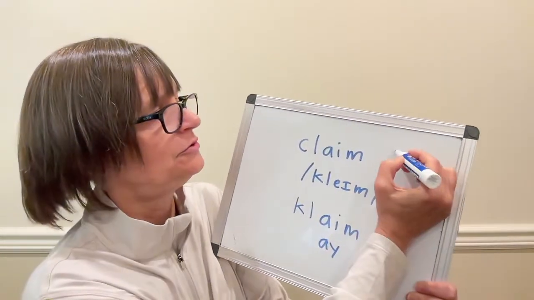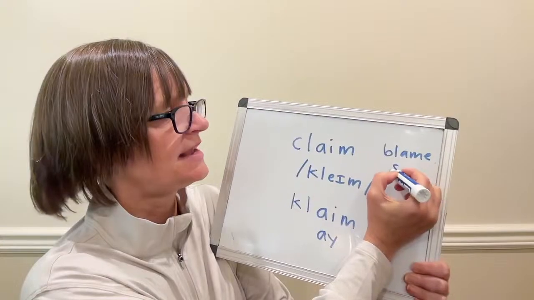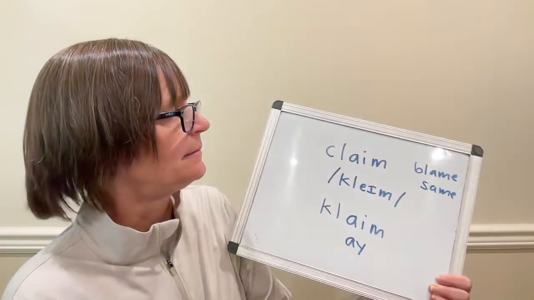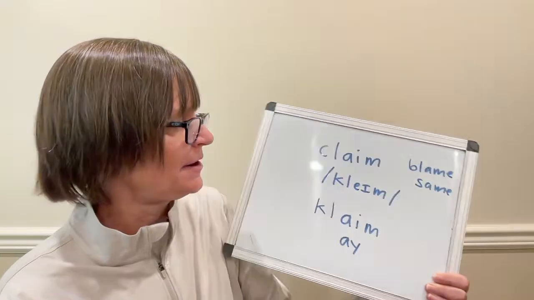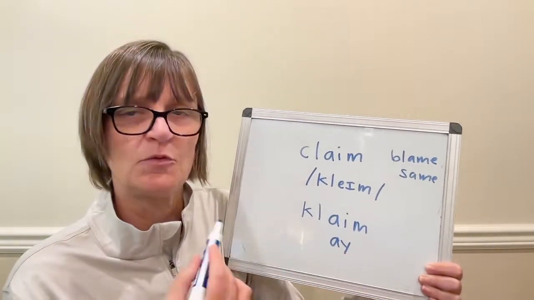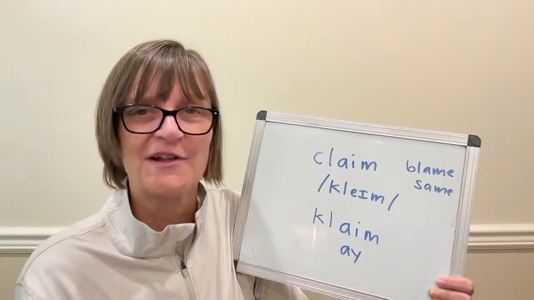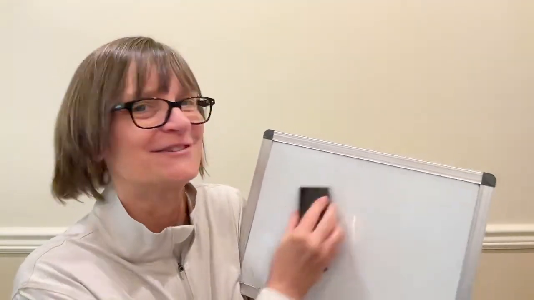It rhymes with the word blame or same. So if that spelling helps you understand the aim part, that's a good way to look at it. But just building it one sound at a time can be helpful as well to get all the sounds accurately. Thank you for that request.